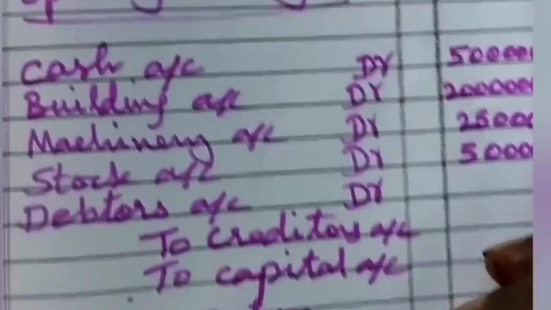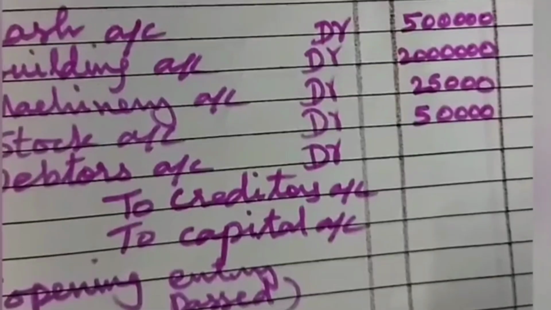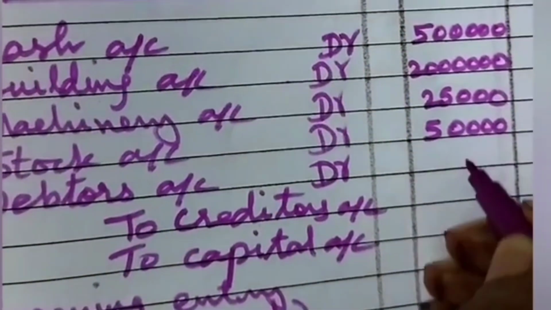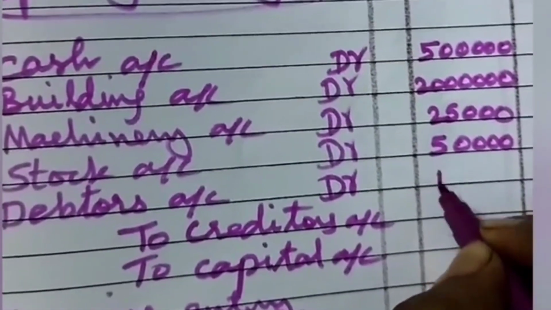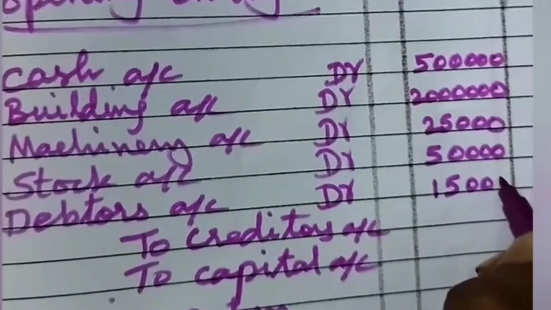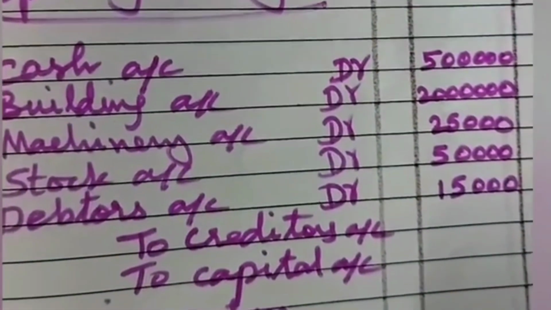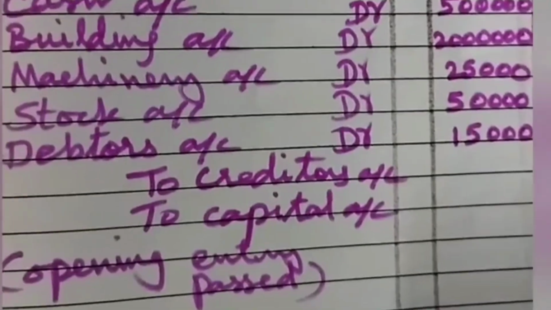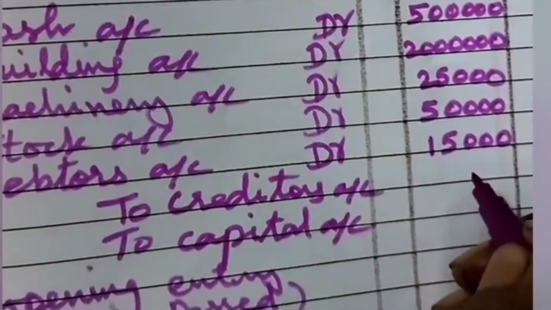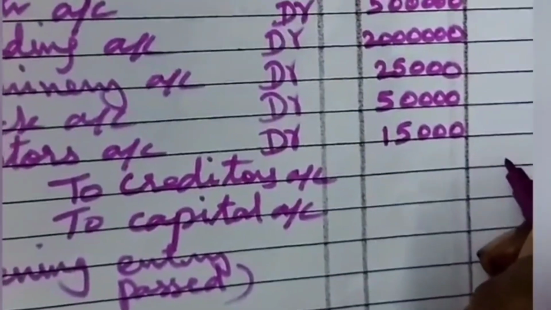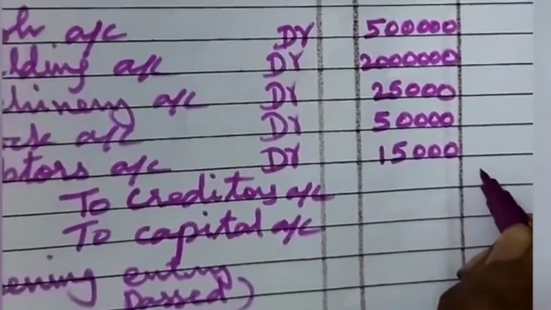Then debtors how much? 15,000. So we have to write. Then creditors how much? 30,000. So under the credit column 30,000 you have to write.